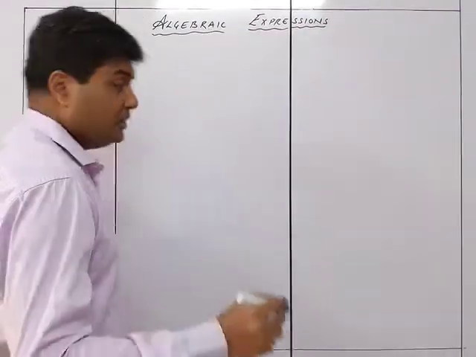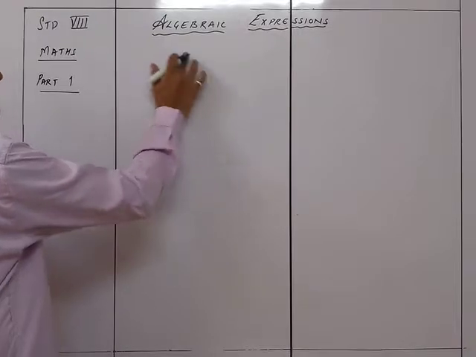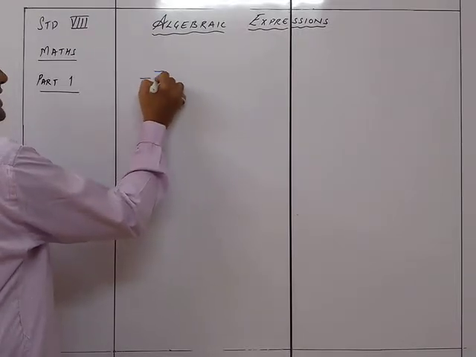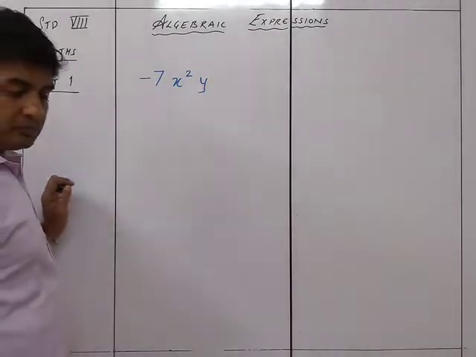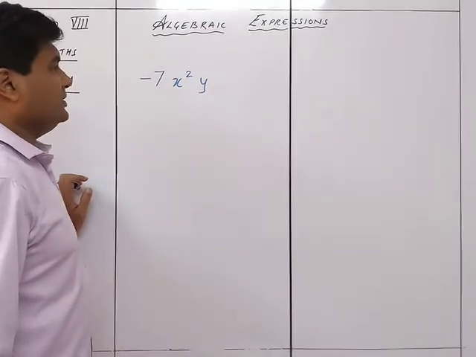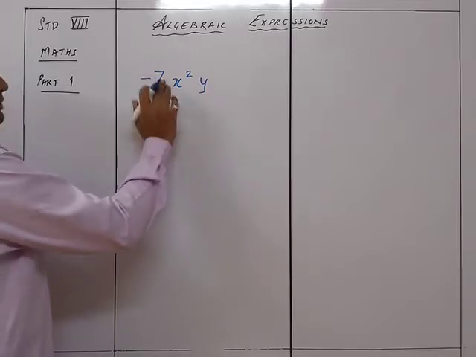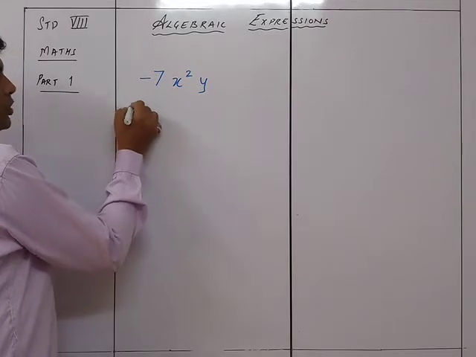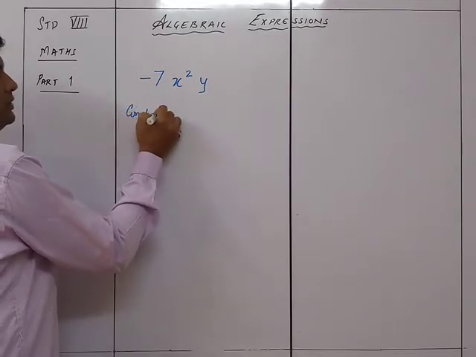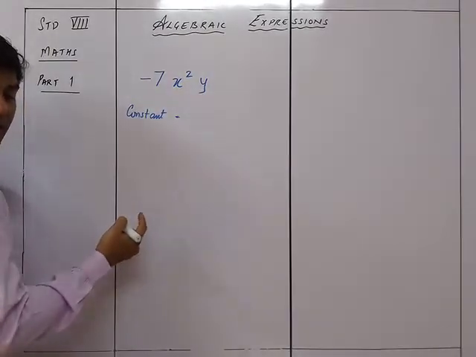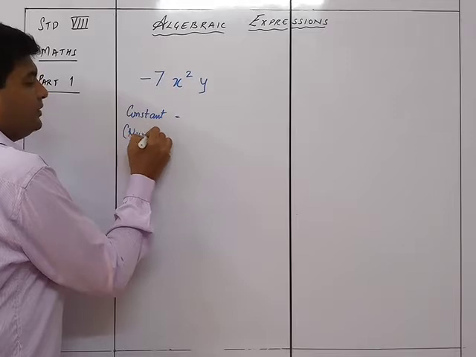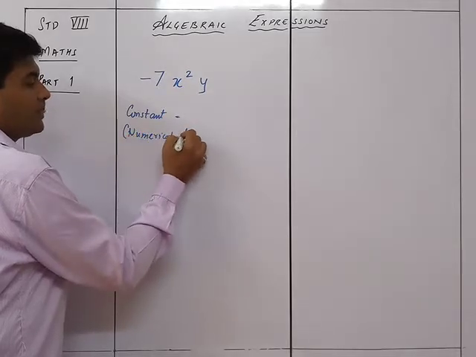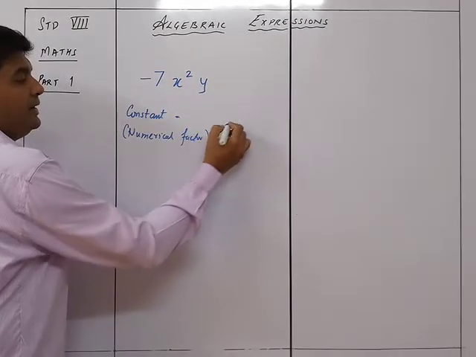So over here, for example, if the term is minus 7x square y, you will have the numerical factor, which is minus 7.